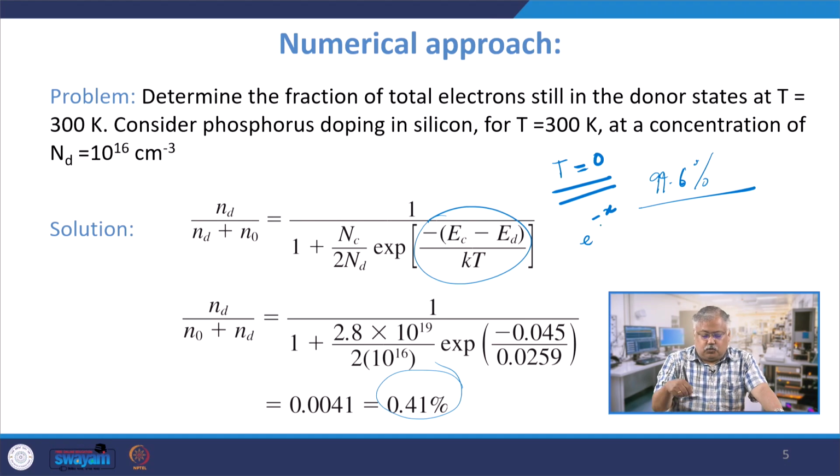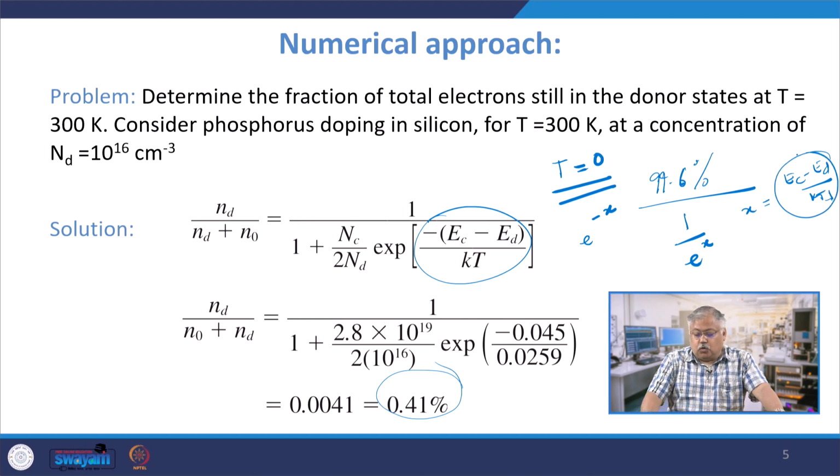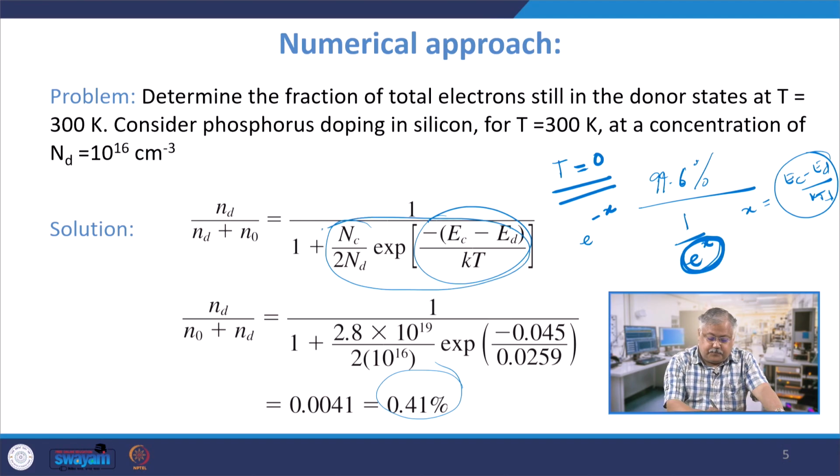So if the temperature goes excessively down, this is basically 1 by e to the power x, which is easier to understand. Let us suppose Ec minus Ed by kT. As the temperature excessively goes down, this factor excessively goes up, and as this factor goes to a very high value, it effectively means that this quantity goes down drastically, and therefore this expression goes up drastically.